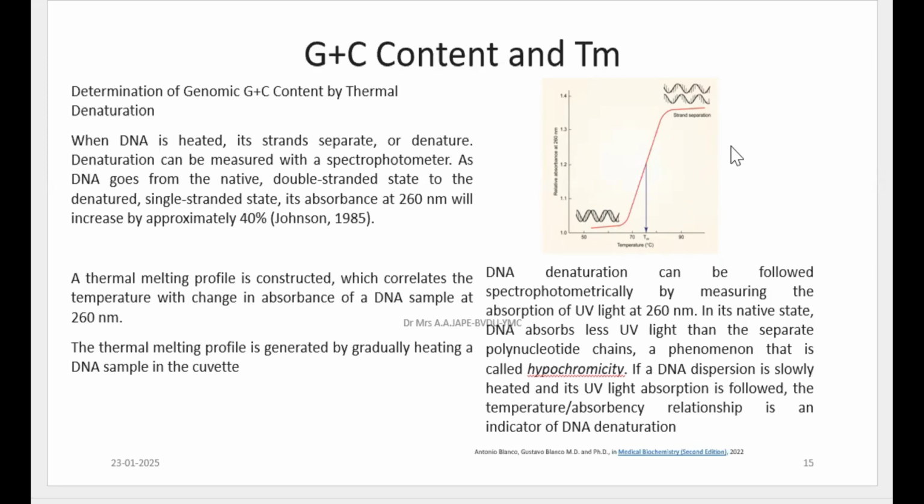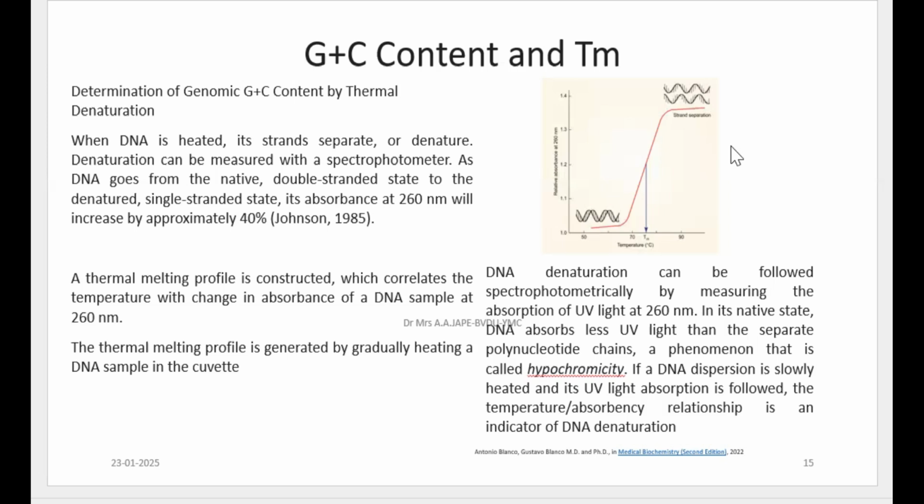Now the concern is, what are the factors that are going to decide the Tm value of a given DNA sequence? Of course, the size of the sequence, that is one. Second is, what is its GC content? So ultimately, what is its AT content?